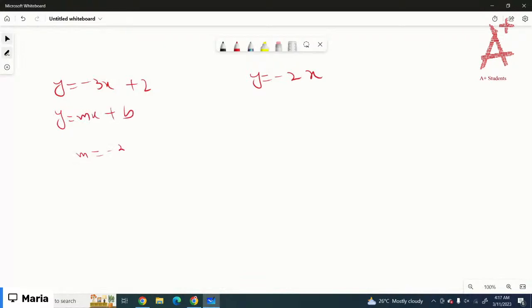The slope is negative 3 over 1 and b is 2. That means it is 0 and 2. In this case, m equals negative 2 and that is 0, 0. Got it? Because you're not given b, b is 0. That means the line is passing through the origin. So let's plot these 2 points on the graph.